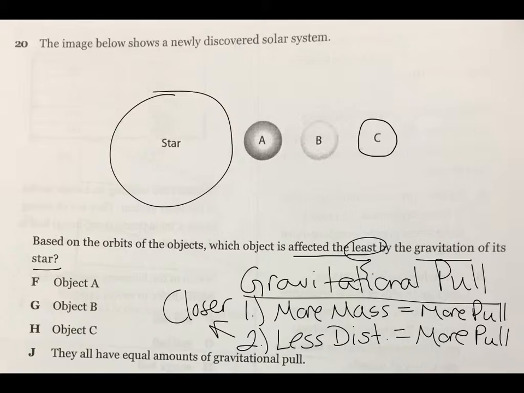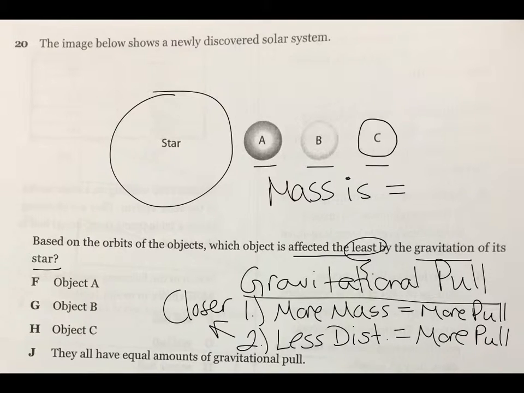So in this case, let's look at our planets. If A, B, and C are all the same, literally identical, that means their mass is equal. So the mass of planet A compared to the mass of the star has the same gravitational pull.